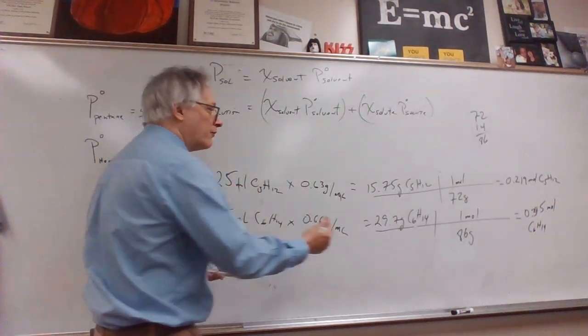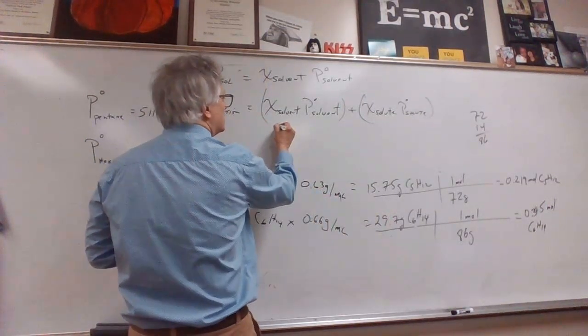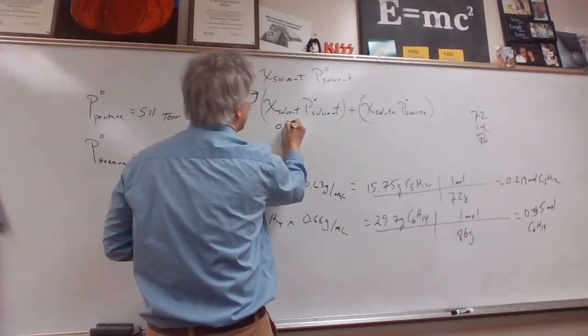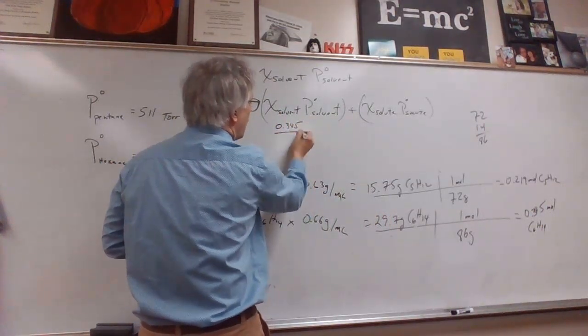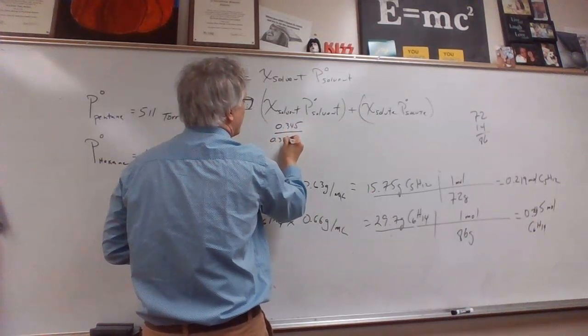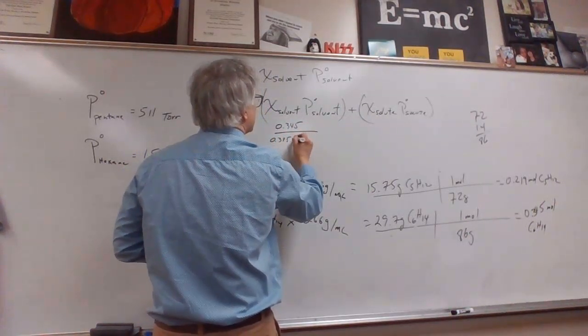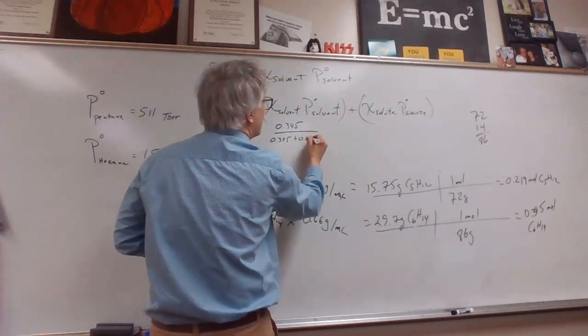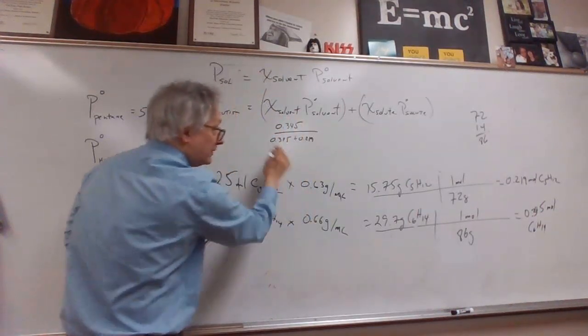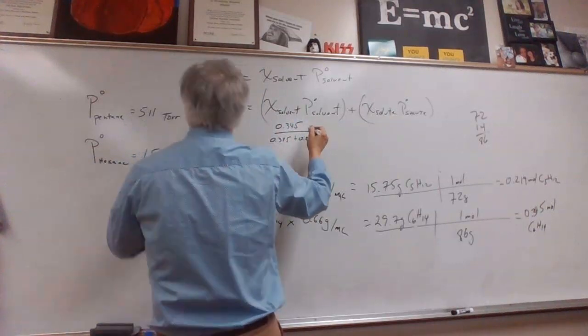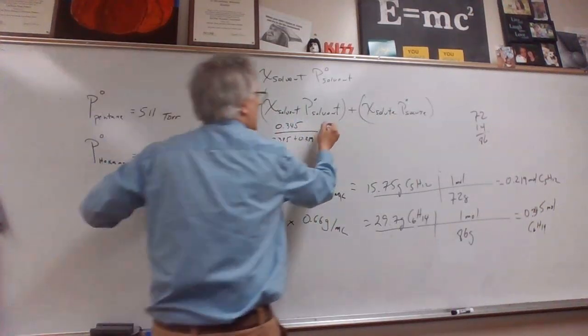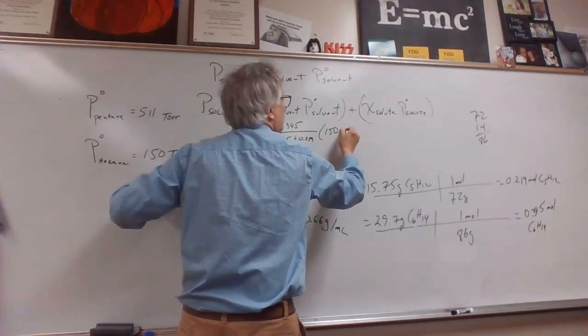So the mole fraction is going to be 0.345 over 0.345 plus 0.219. That would be the mole fraction of that, and let's multiply it by 150 torr.